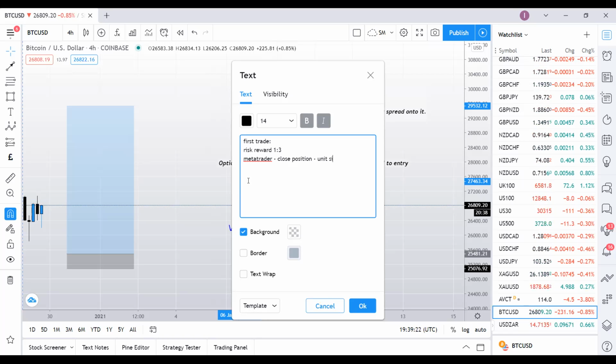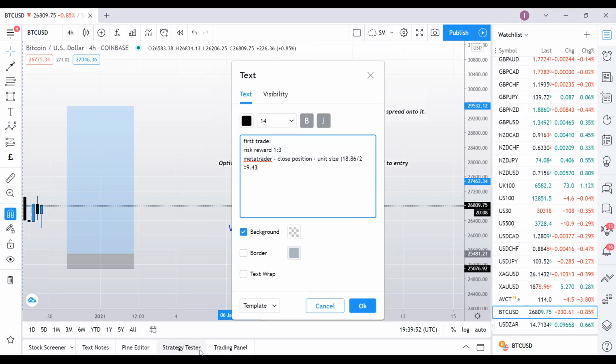Your unit size with this particular example, what was our unit size when we worked out the 2%? 18.86 or something like that. So 18.86, divide that by 2. Anyone sharp with maths? 9.43.